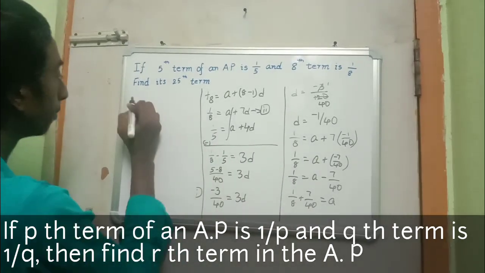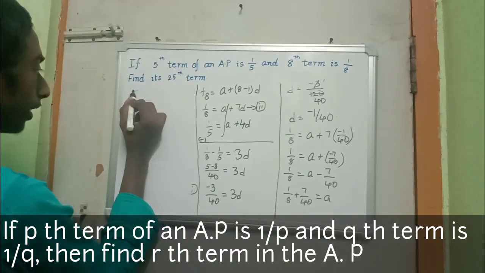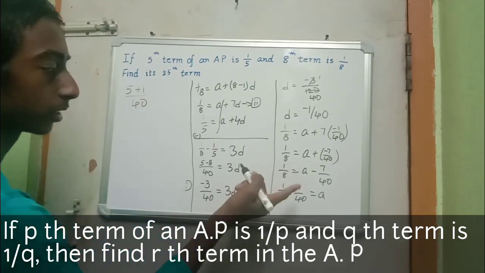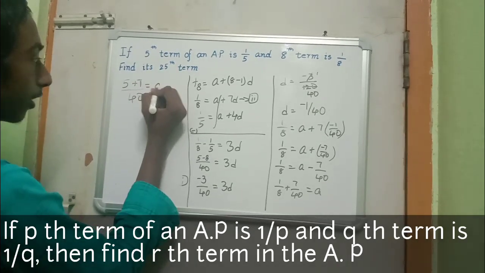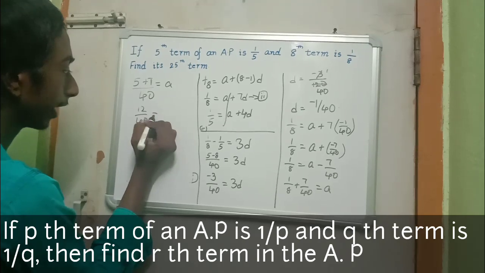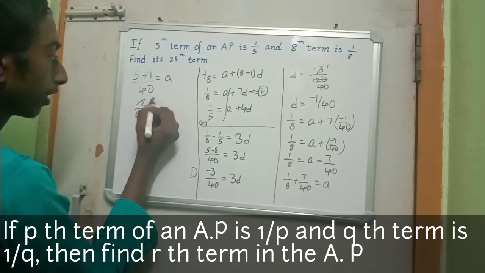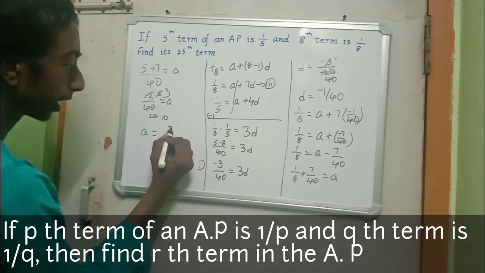So the LCM becomes 40. 8 fives are 40, plus 1 into 7, 7. 5 plus 7 equals 12. So 12 by 40, that is 6 by 20, 3 by 10.